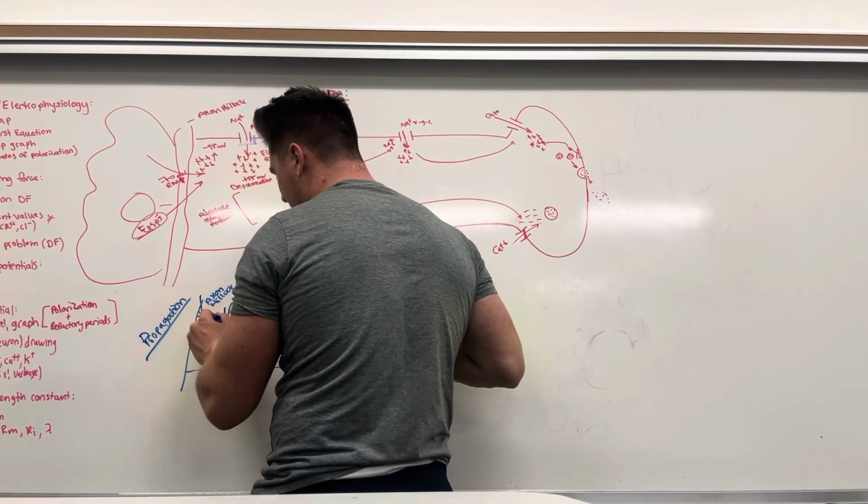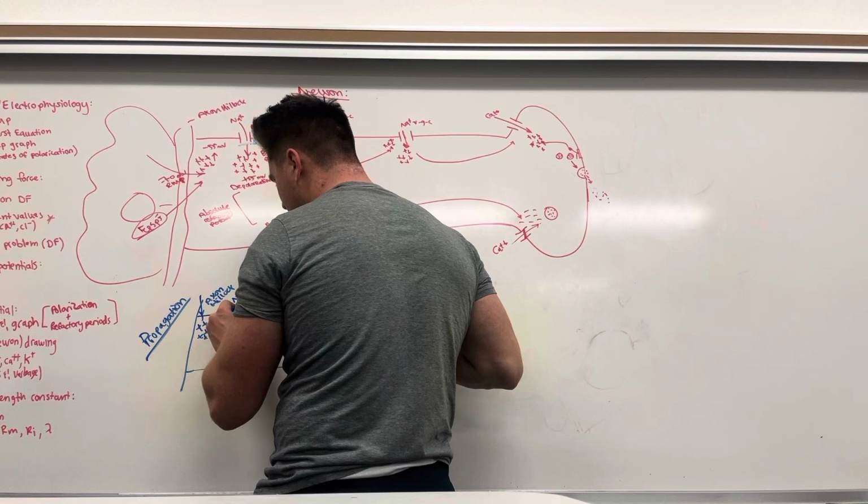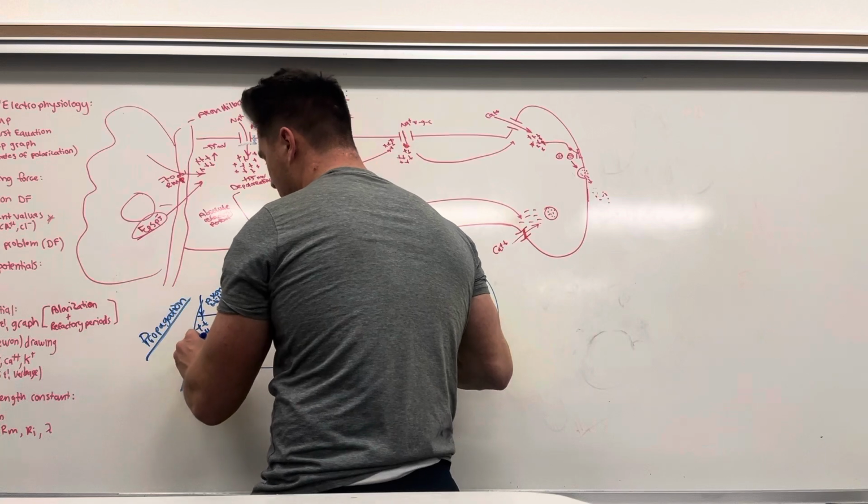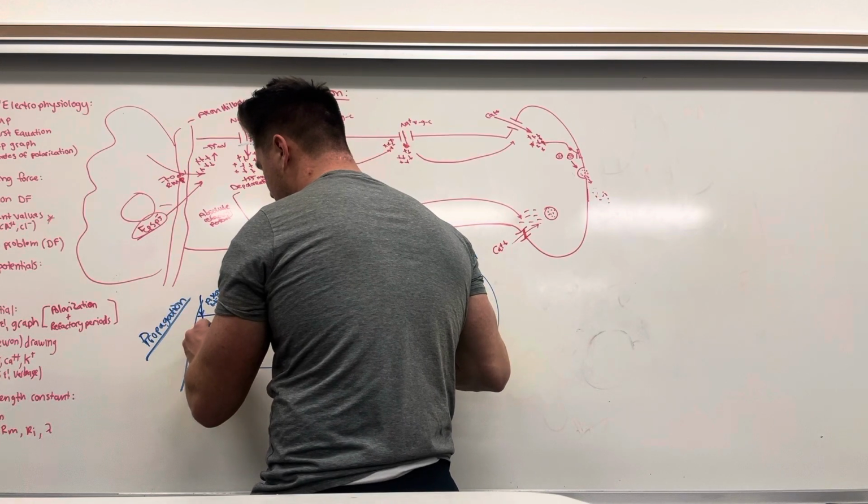But what caused that was this positive charge pushing up on the calcium in the alpha helix, allowing this gate to open when it hit negative 55 millivolts, which is threshold.